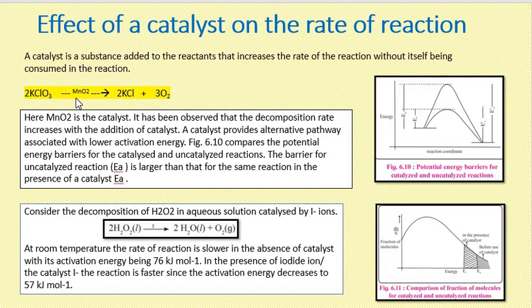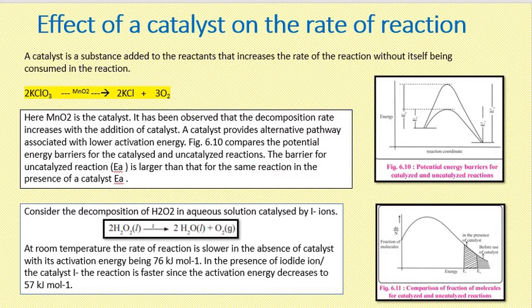But when I am adding MnO2 into it, the rate of reaction would increase. A catalyst is a compound which provides the alternate pathway to the reactant. It lowers down the activation energy.